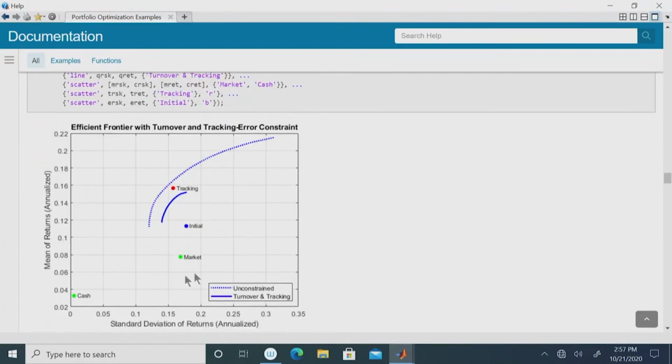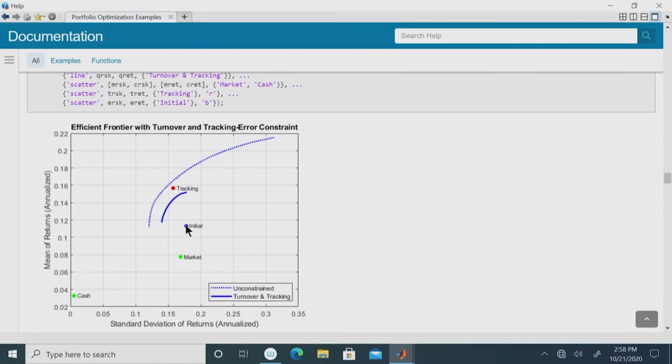If you observe carefully here, this is the cash and the market. The reason we are only identifying cash and market is that these are the two important portfolios. Then we have the unconstrained efficient frontier at the top, and this is the initial portfolio, and this is the tracking portfolio.